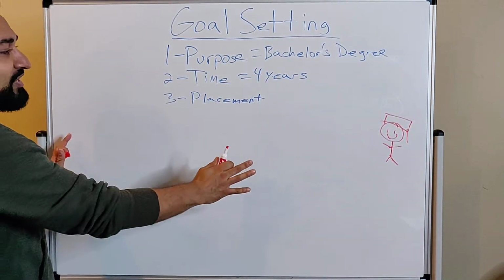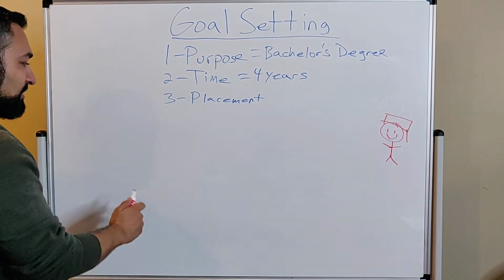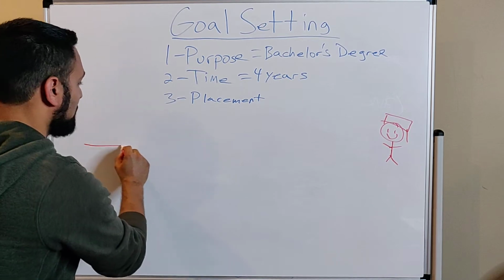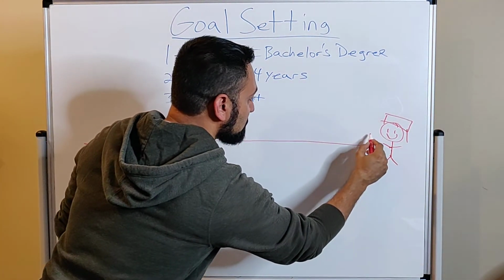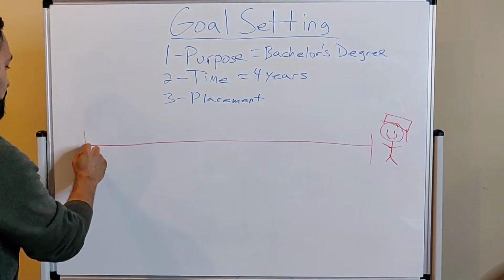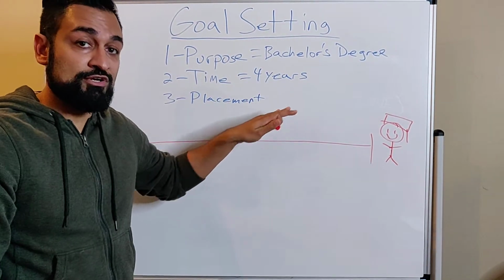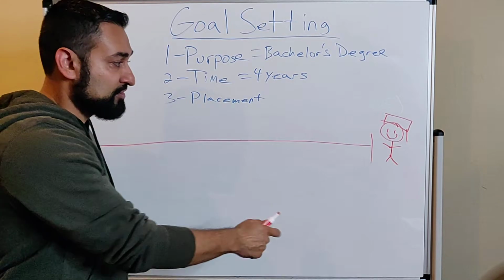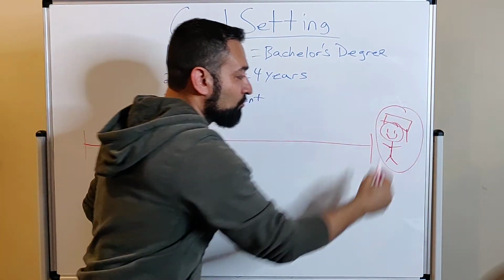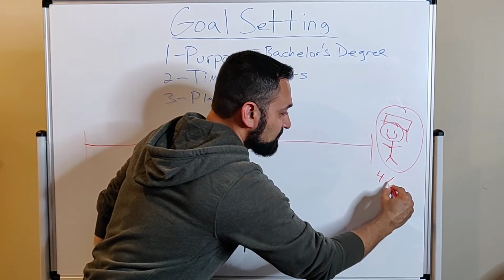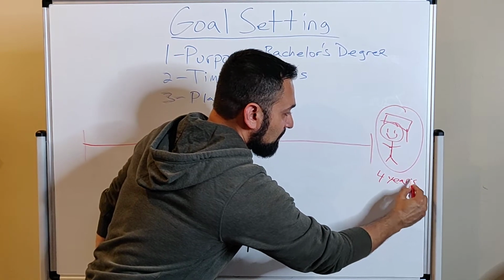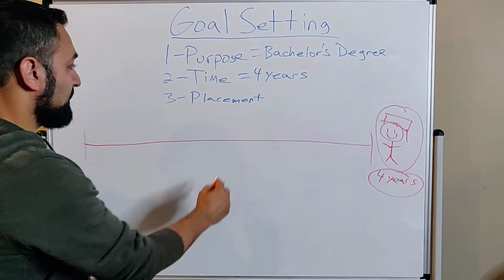All right, so now let's draw the timeline out, okay? So I can show you what I'm talking about with the placement, okay? So this is our timeline, and we know it's going to take us 4 years. This timeline is going to take us 4 years to achieve this overall goal, okay?